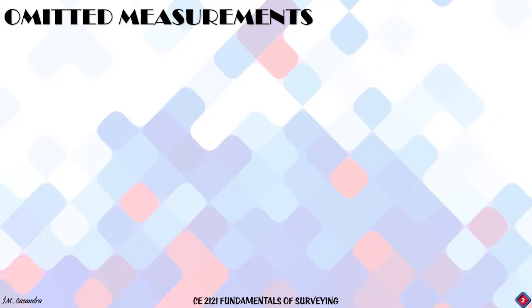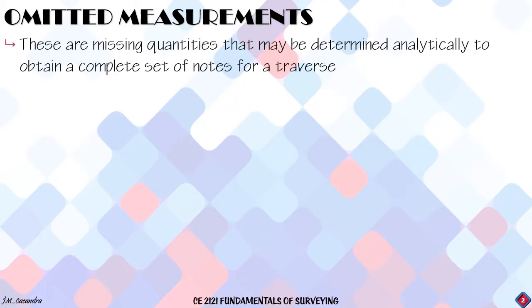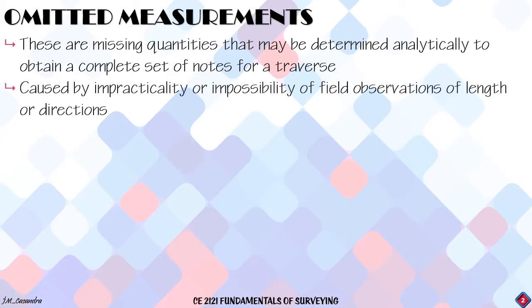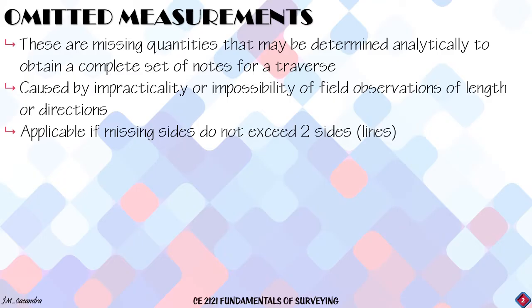So the omitted measurements are the missing quantities that may be determined analytically to obtain a complete set of notes for a closed traverse. So this is caused by impracticality or impossibility of any field observations for length and directions. This is applicable if the missing sides do not exceed 2 sides or 2 lines.